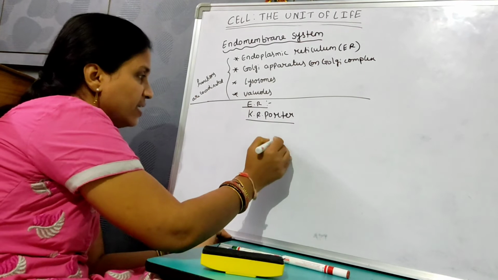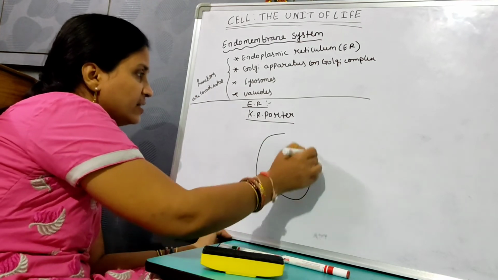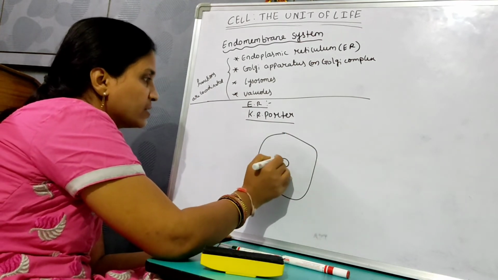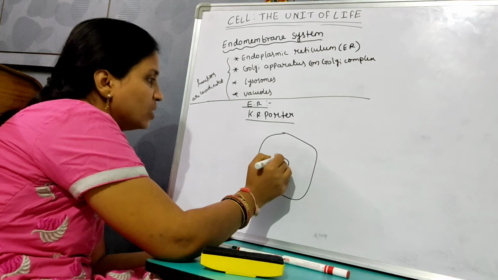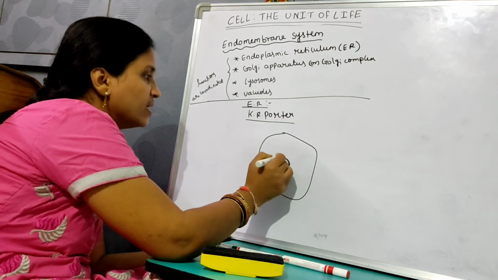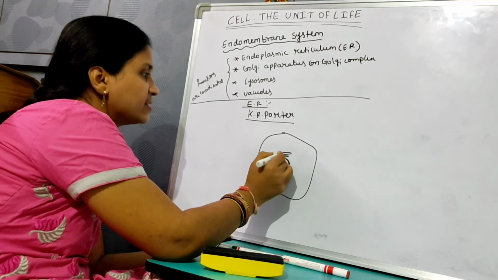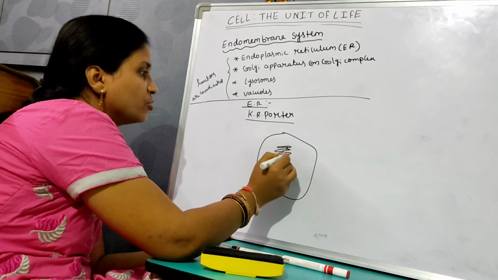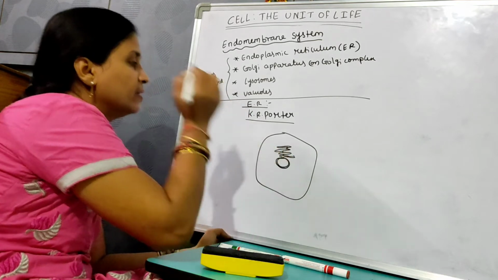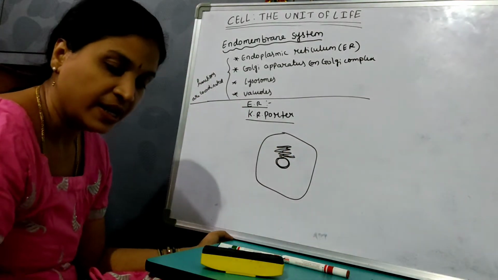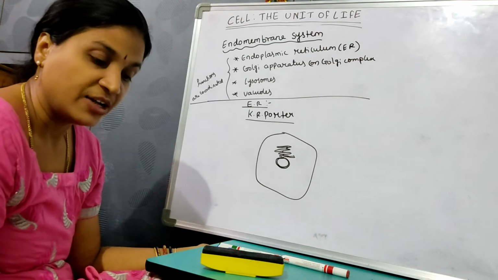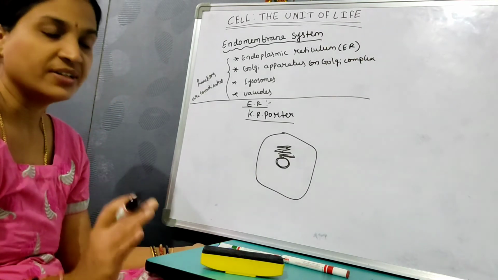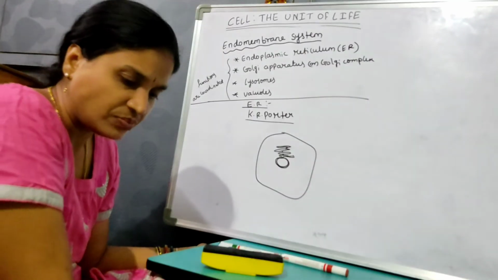If this is the cell, and this is the nucleus, then near the nucleus the endoplasmic reticulum is going to be present like this. They are thread-like, tubular structures which are scattered in the cytoplasm.